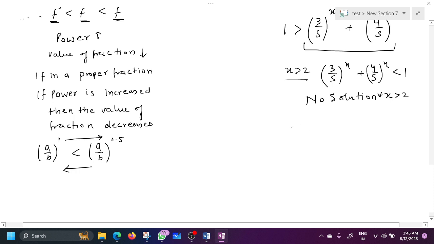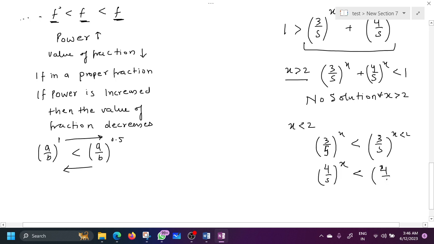Similarly, I told you for x less than 2, 3 by 5 power x will be greater than 3 by 5 power 2, and 4 by 5 power x for x less than 2 will be greater than 4 by 5 power 2.